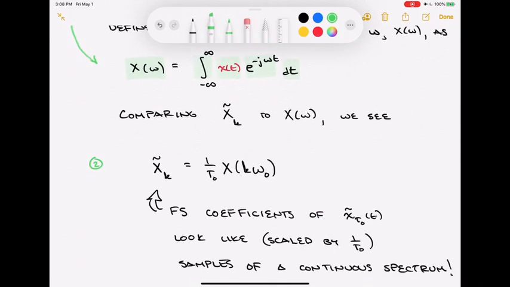I see that these Fourier series coefficients, the x tilde of k, look like scaled and sampled versions of that underlying continuous distribution x of omega.